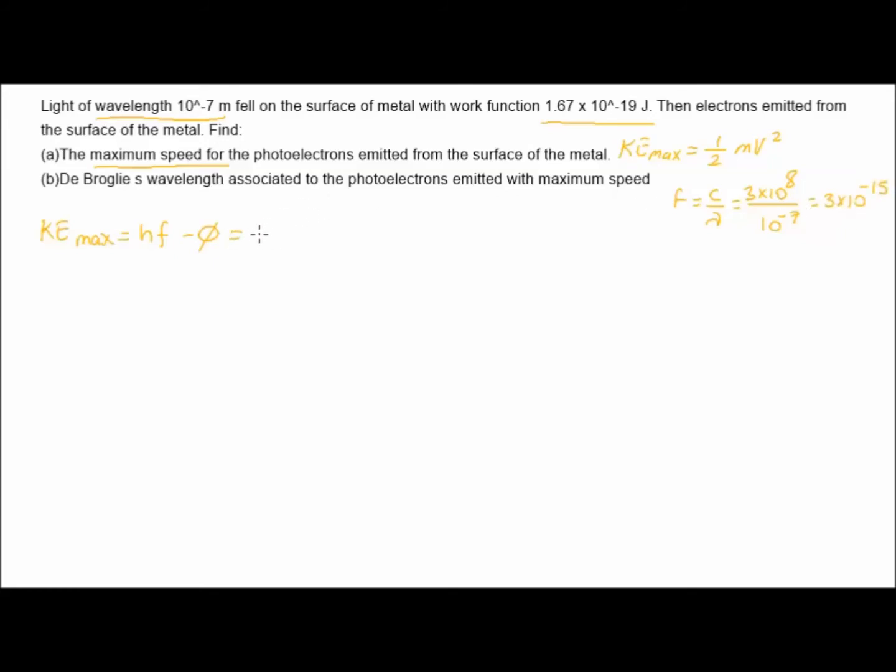So h is 6.63 times 10 to minus 34 times 3 times 10 to minus 15, which is f, minus work function equal 1.67 times 10 to negative 19.